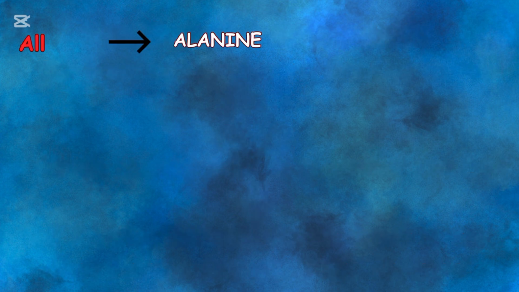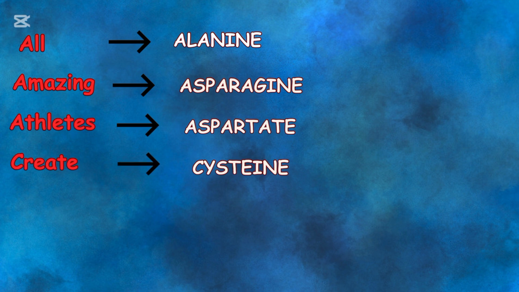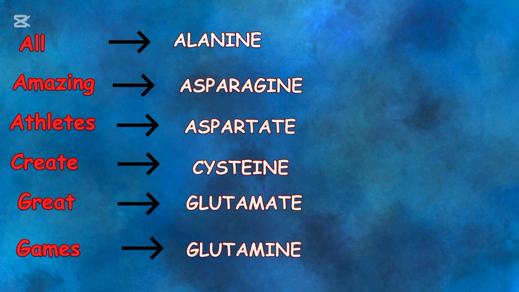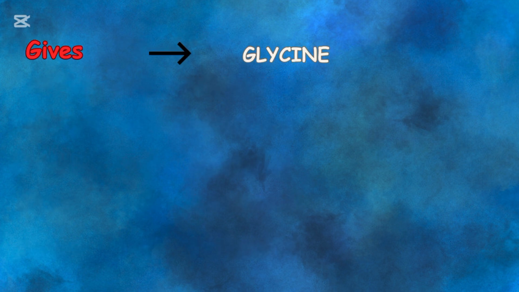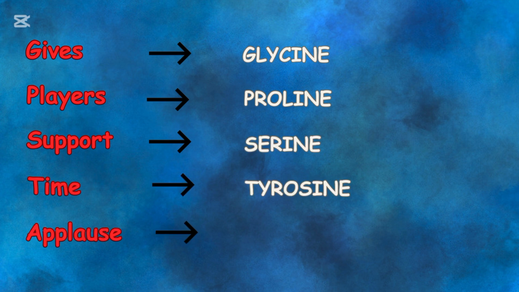Where All stands for alanine, Amazing stands for asparagine, Athletes stands for aspartate, Create stands for cysteine, Great stands for glutamate, Games stands for glutamine, Gives stands for glycine, Players stands for proline, Support stands for serine, Time stands for tyrosine, and A+ stands for arginine.